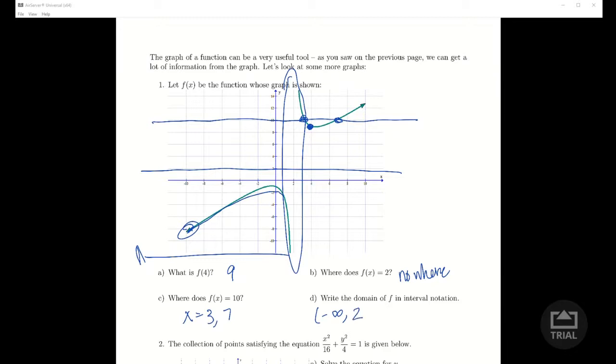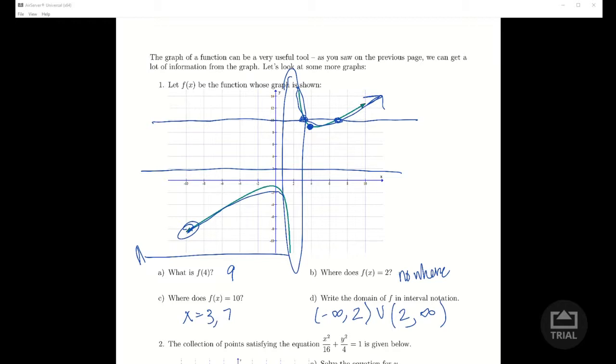So we're going to stop right there. It's not included. That's a vertical asymptote. So we'll leave it as a parenthesis. And then we'll pick back up at 2. And then we go off forever to the right. So that would be to positive infinity. And that would be the domain of that function. That is a function that passes the vertical line test because of that asymptote.